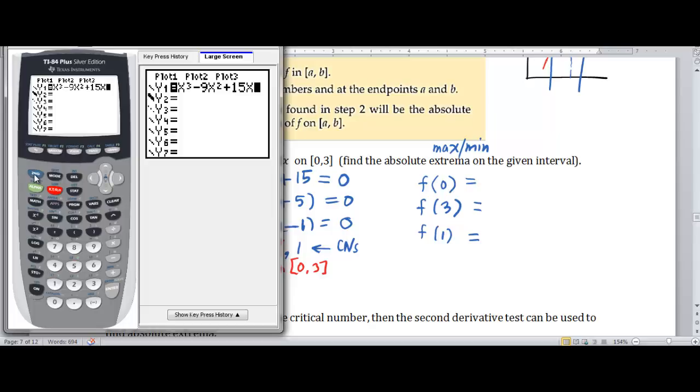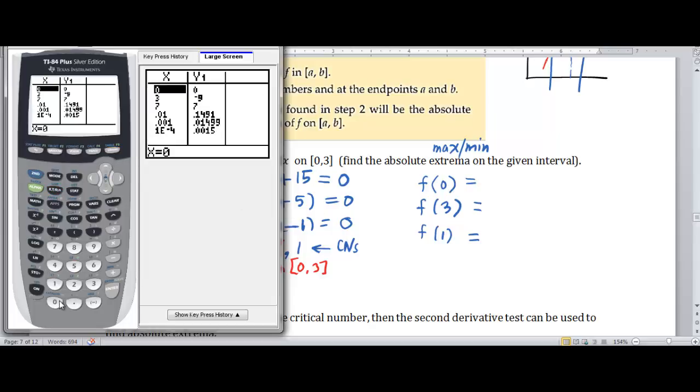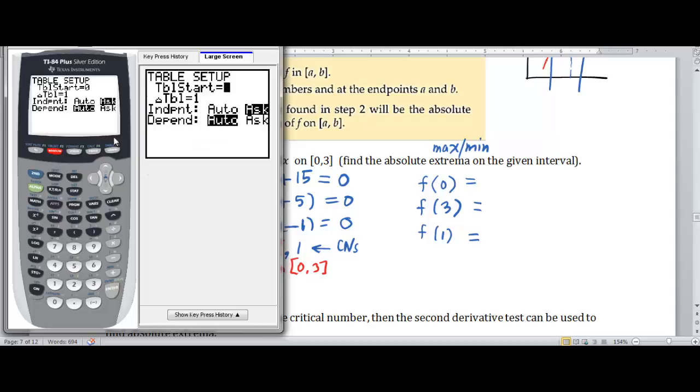I want to do second table, and I want to evaluate it at 0, 3, and 1.